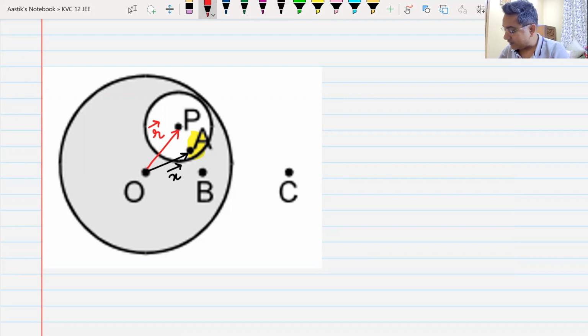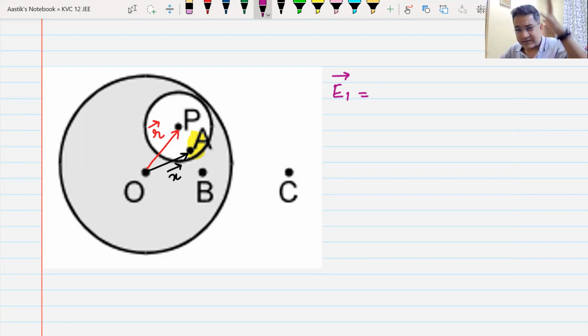The first electric field is the electric field created by this entire sphere. I am not going to hatch it again. What is the value of this electric field E1? Tell me.